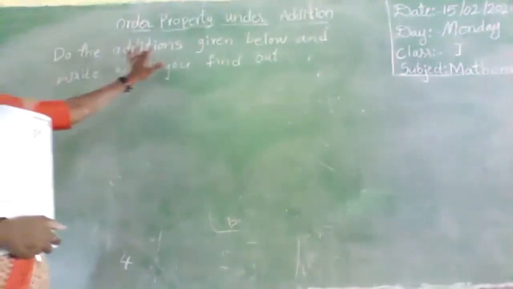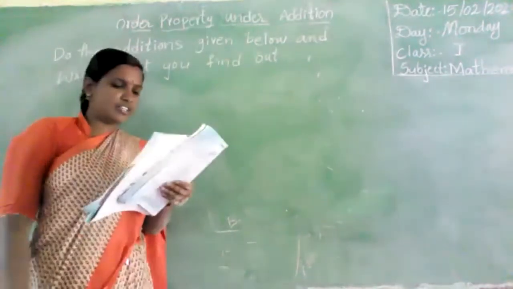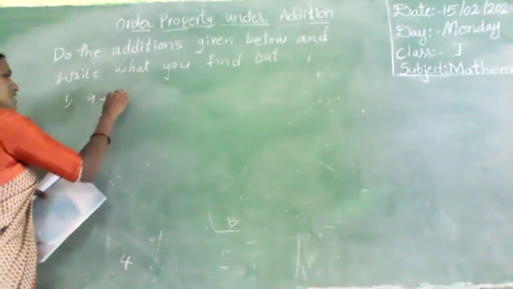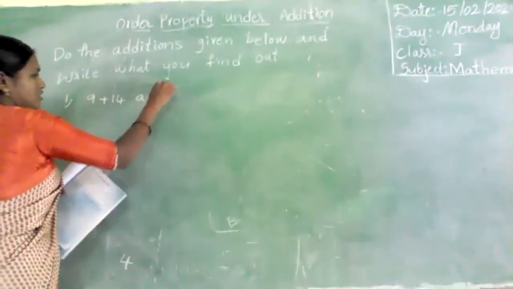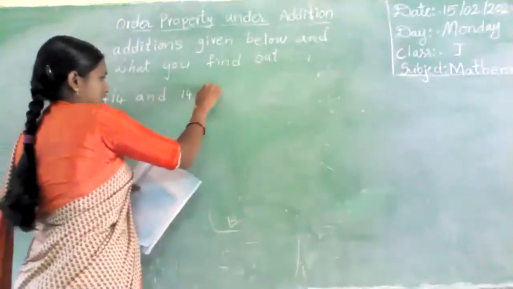See children, the additions given below and write what you find out. See first one. 9 plus 14 and 14 plus 9.